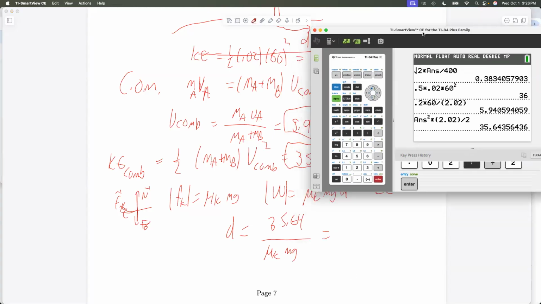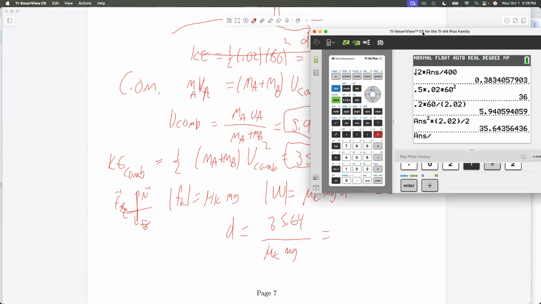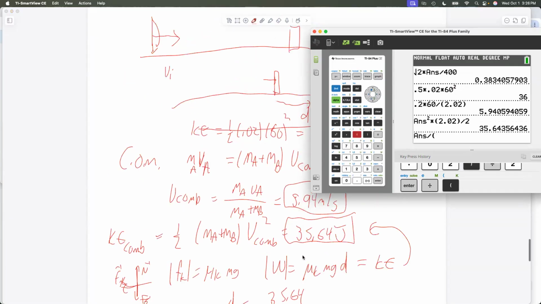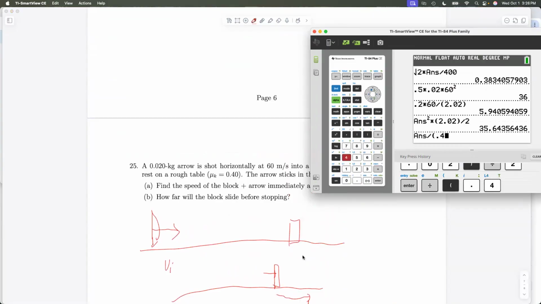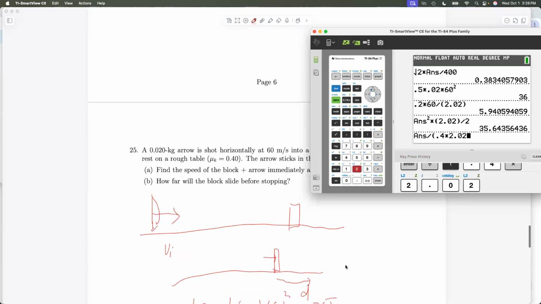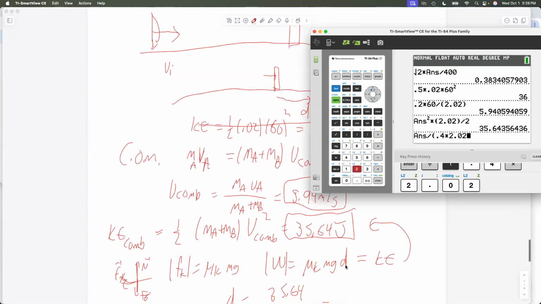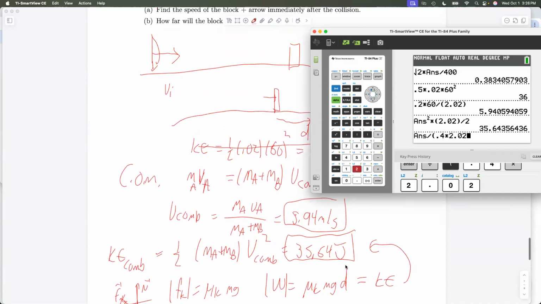Okay, we've got to be really careful here. So I'm going to take that, put in parentheses, and multiply all three of these together in parentheses. Mu was 0.4. The total mass here, 2.02, I think is what I had, right? Yeah.